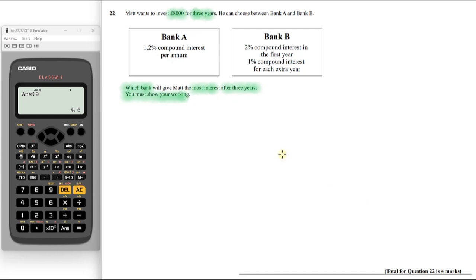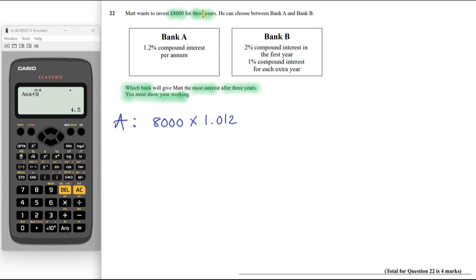So let's start with Bank A. We know he's going to be investing £8,000, so it's going to be 8,000. Now the interest is going to be 1.2% compound interest per annum. So if he's getting 1.2% interest, our multiplier is going to be 1.012. That will be a 1.2% increase.